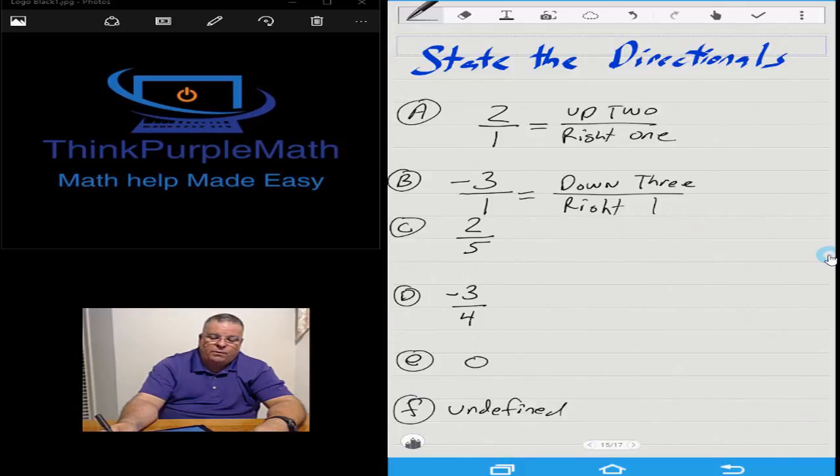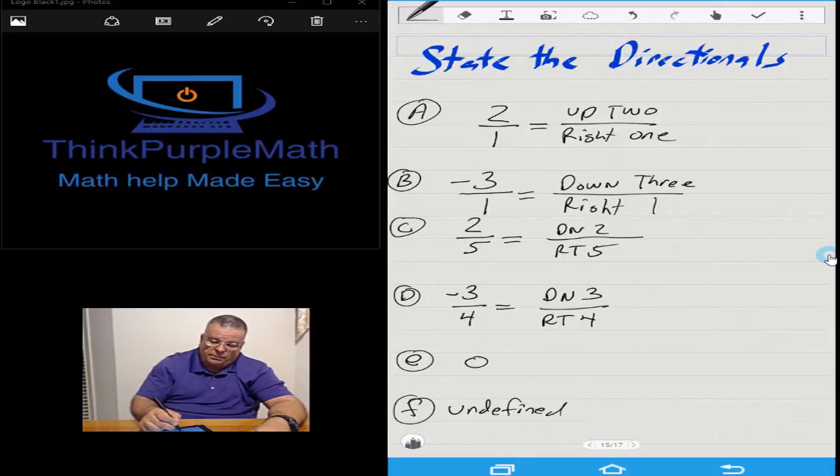Example C is 2/5, and that's a fraction, but it's positive. And I'm going to abbreviate from here on. 2/5 would be down 2, right 5. Negative 3/4 is down 3, right 4.